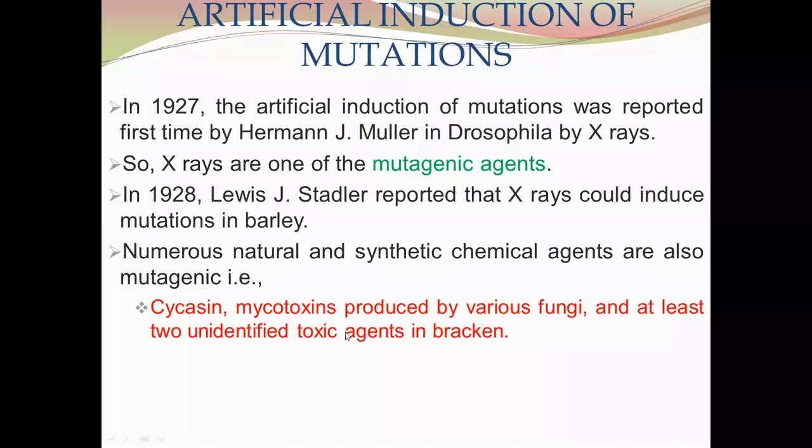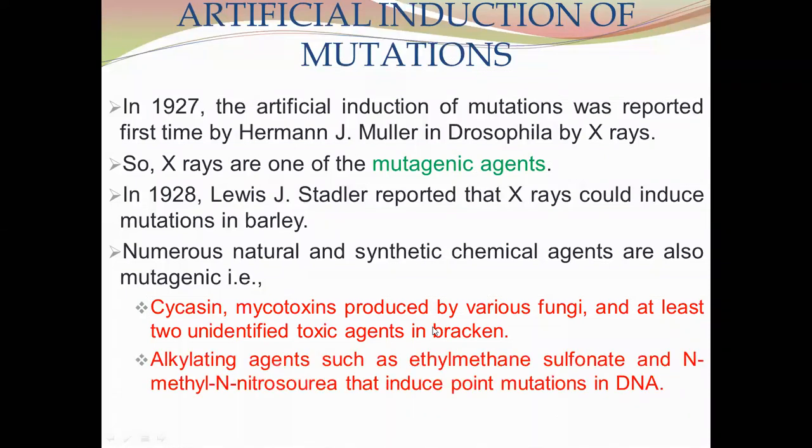These toxic agents are produced or extracted from the bracken plant, which is a fern. So these are the natural mutagenic agents: cycasin, mycotoxin, and two unidentified toxic agents.